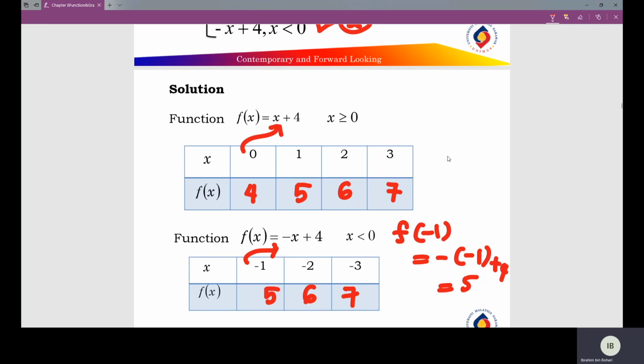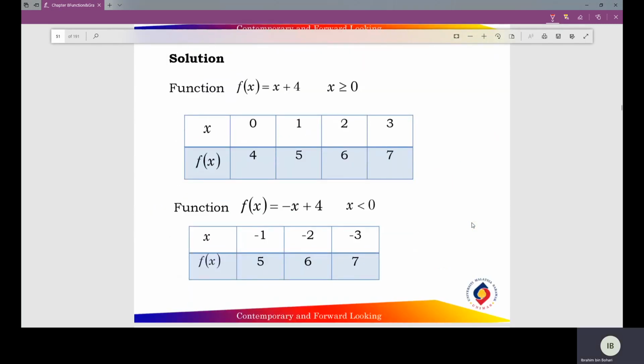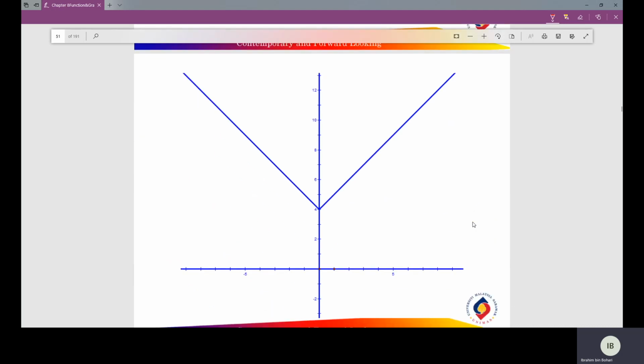So you plot all the points: (-1, 5), (-2, 6), and (-3, 7). And then you plot all the points. So here is the y-axis of the function. You draw the y-axis and the x-axis, and the graph goes to positive infinity on one side and negative infinity on the other.